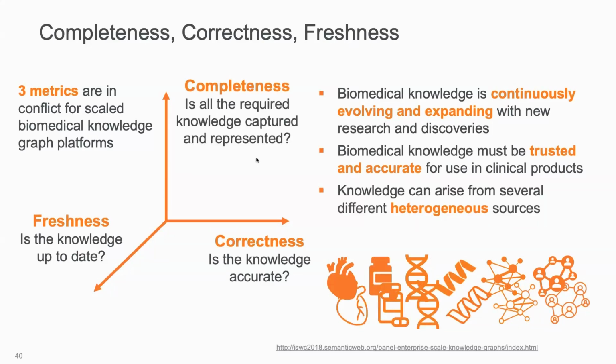That can be disease knowledge pertaining to certain diseases, drug information, biochemical pathways, demographic information, social determinants of health, and so on and so forth. So there needs to be a completeness metric to ensure that all the required knowledge is actually captured and represented in your biomedical knowledge graph platform. And these three metrics are often in conflict with each other.